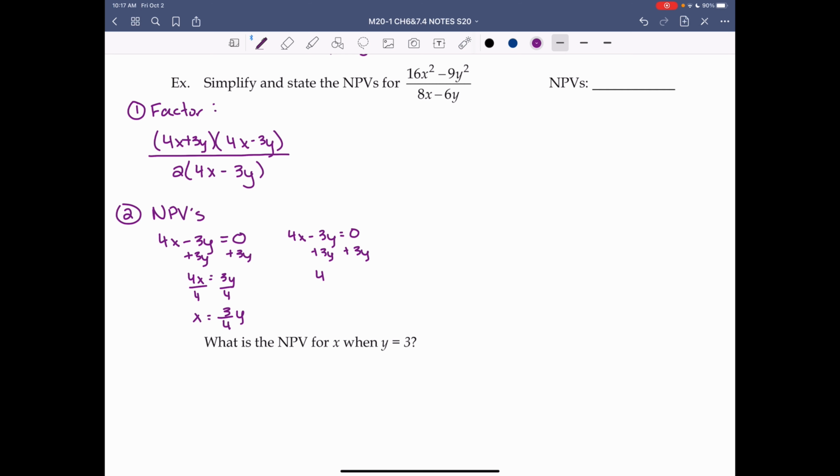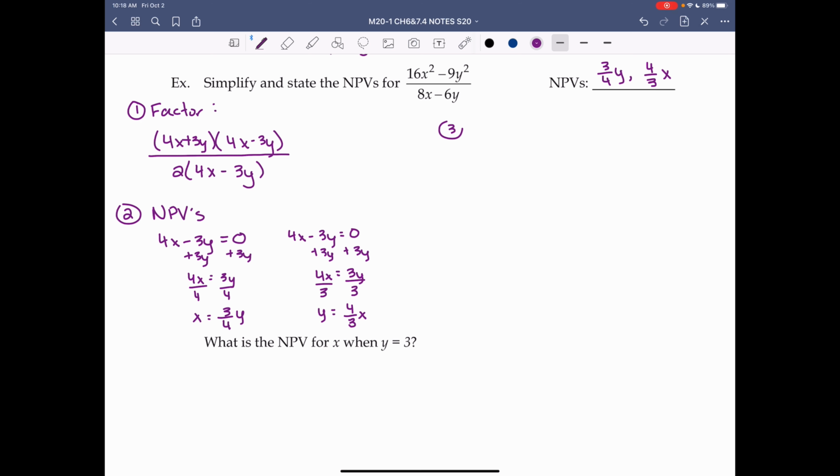Then we have 4x equals 3y. Now instead of dividing by 4, we're going to divide by 3 to get the y by itself. And we have y equals 4 over 3 x. So those are our NPVs, 3 over 4 y and 4 over 3 x.